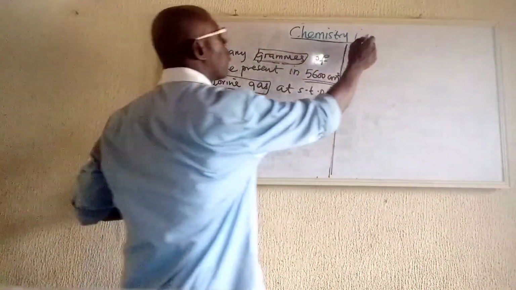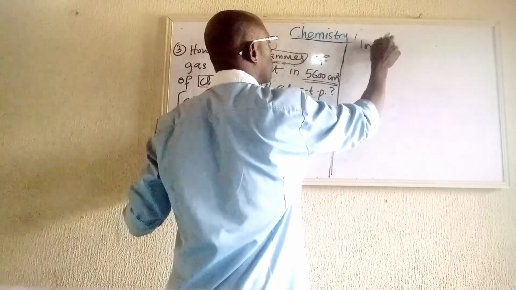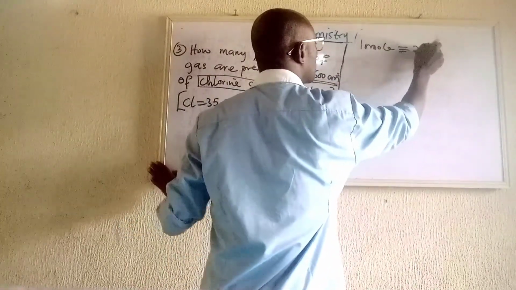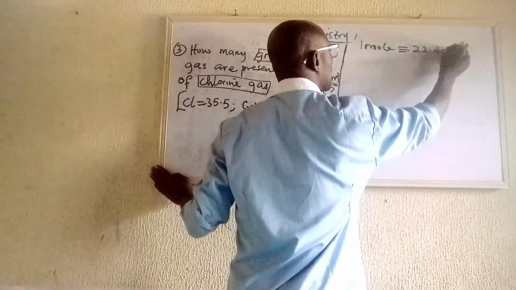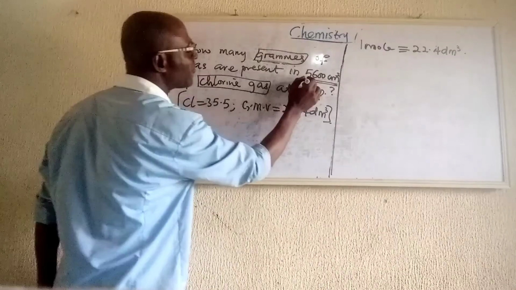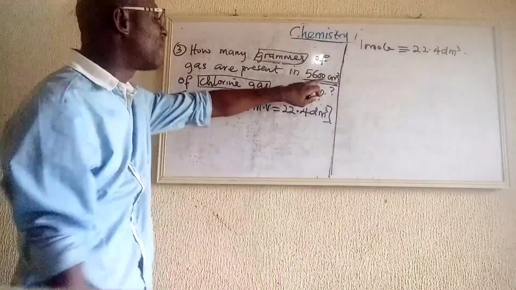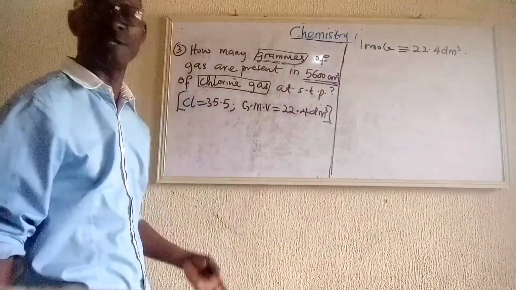Now, 1 mole is equivalent to 22.4 dm cube. But since this is given in cm cube, I will convert either this to cm cube, or I convert this to dm cube, either of the two.